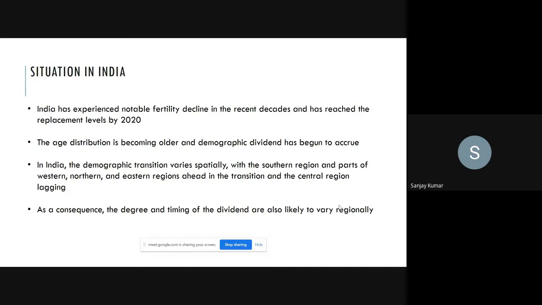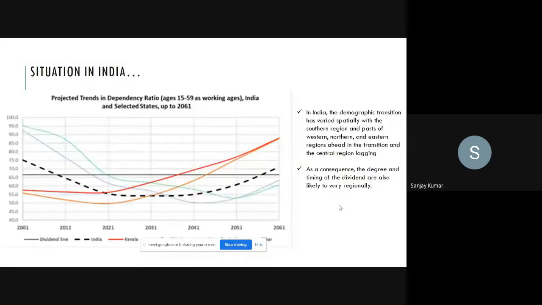Some of the states had low levels of fertility and mortality earlier, while other states lagged behind, and now they are slowly catching up. As a consequence of these regional variations, the timing of the dividend for each region or state is going to vary. So I'll show you how it will look for India in the coming few decades.